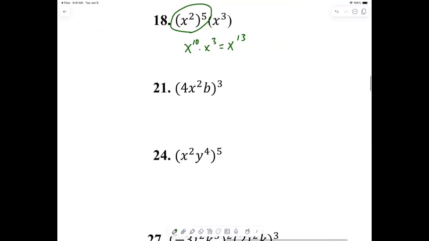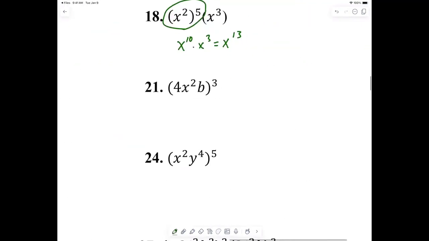All right, next. You get to tell me what 4 cubed is. 64. There you go, girl.